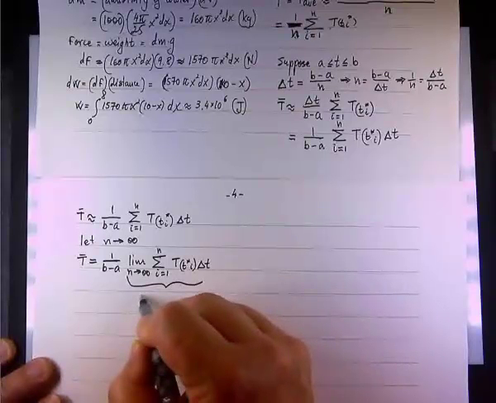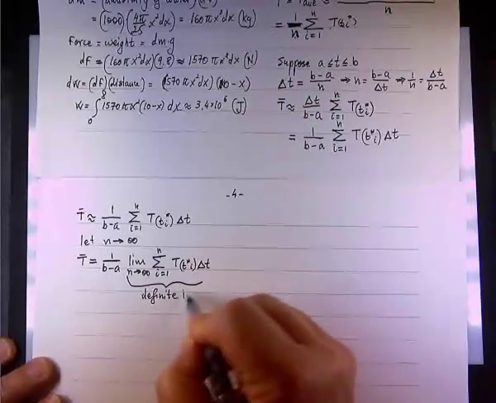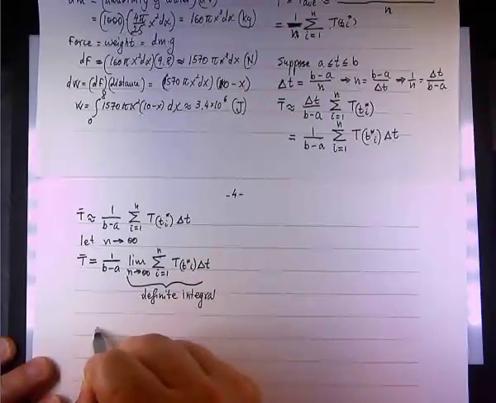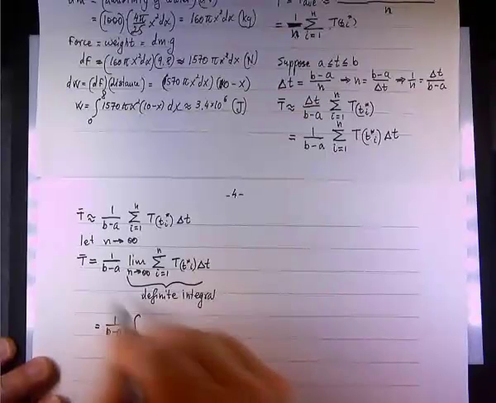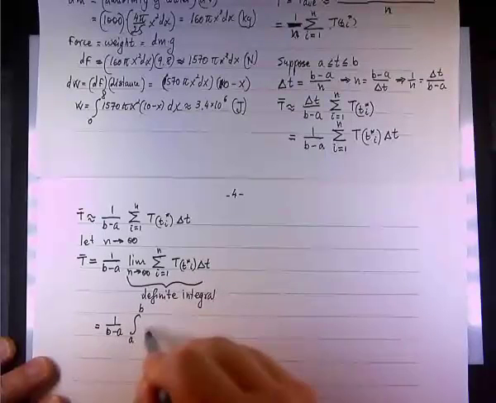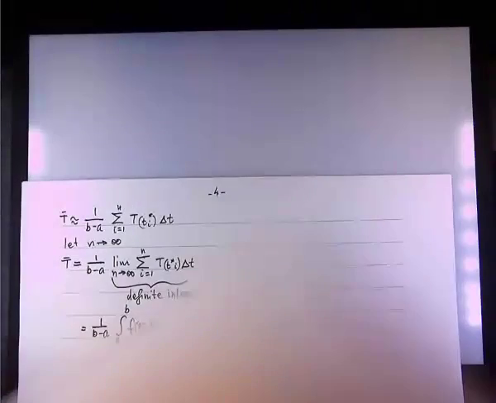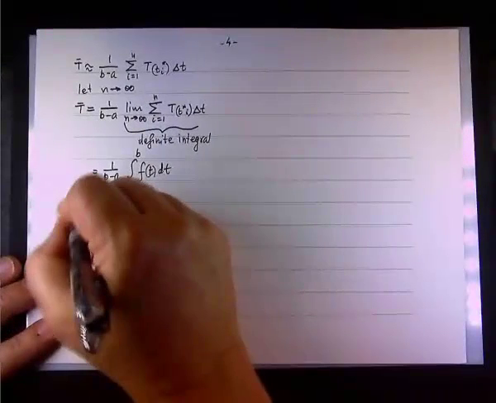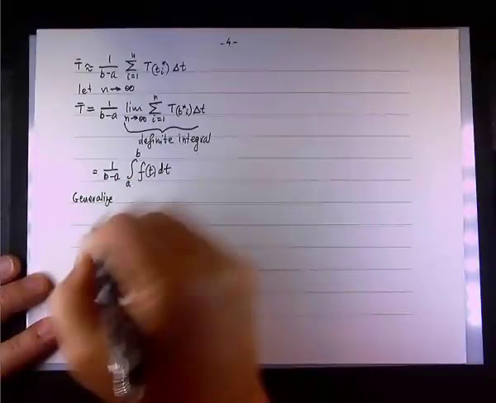Now, this is the definition of the definite integral. So we end up with 1 over b minus a, the integral with boundaries a and b of f of t dt.